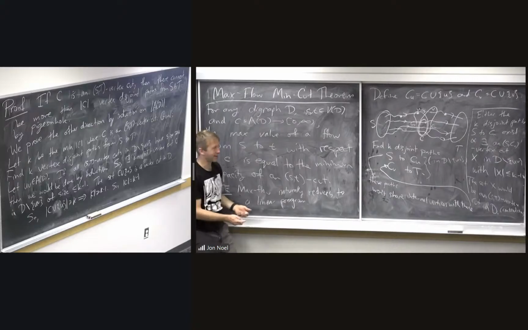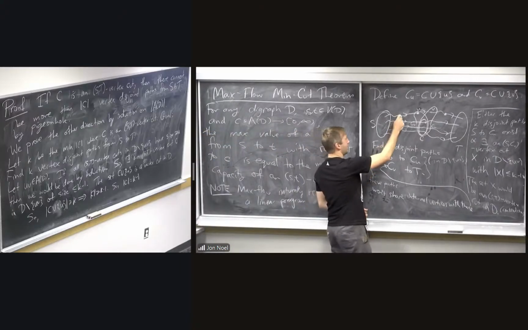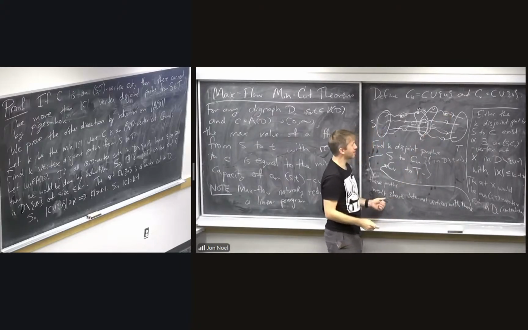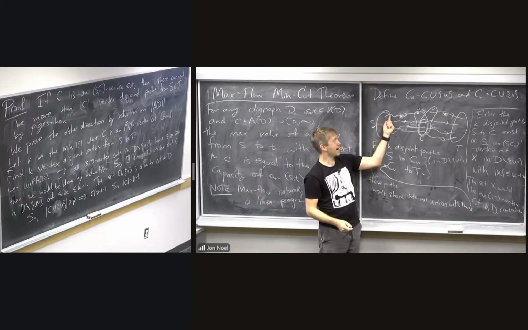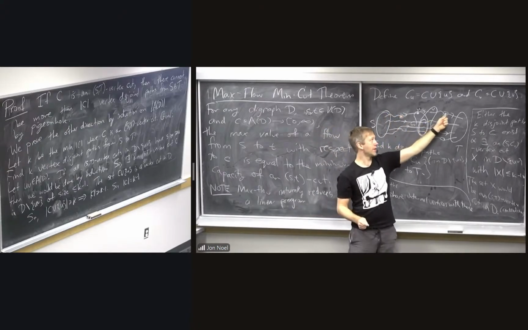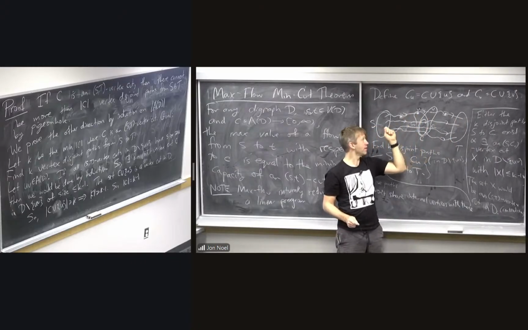Yeah, that's the idea. Imagine these are actually secretly the same vertex. What you could do is take a path in D take away UV, so I'm not going to use the arc UV. I could take a path from S to this thing, and then continue over here and go to T. I would skip the edge UV, and I would also skip C. But C is supposed to be an ST vertex cut in D minus UV, and that would be a contradiction.